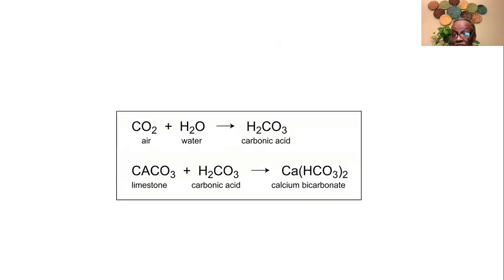Now, I know some of you are looking at this and you see something on here that is not correct. We'll talk about it in a minute. All right, carbon dioxide plus water yields carbonic acid. Two ways it's formed. Remember from the previous slide? When it rains, the carbon dioxide in the atmosphere dissolves in it, and we get carbonic acid.